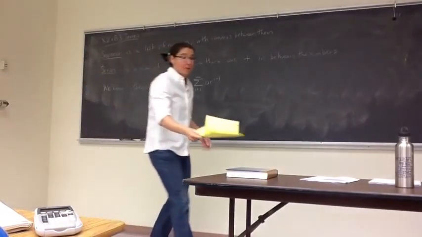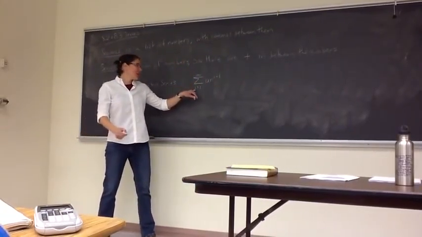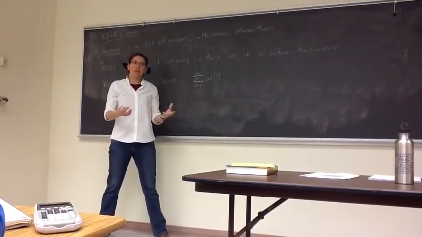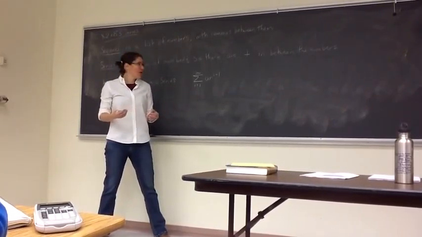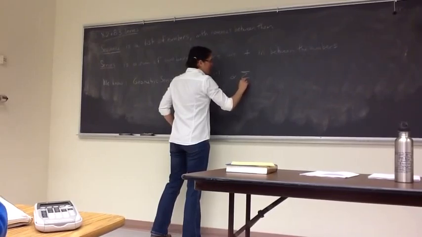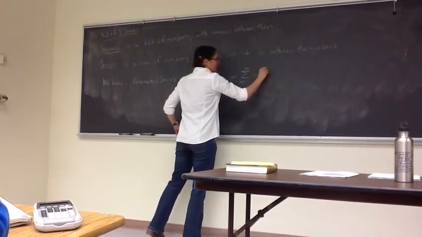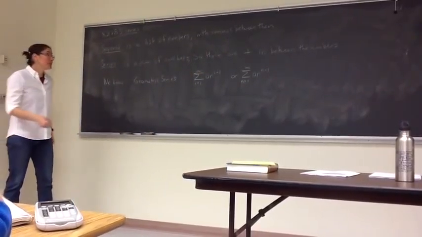Now, if you go and read your textbook, sometimes they'll write this where instead of having an i as the incrementing value, they use an n. And so for some reason in section 8.2, they start with an i, and then they swap over to an n. And so another way that you might see this is as the sum where n goes from 1 up to infinity of a r to the n minus 1. So they just got tired of using an i and started using an n.